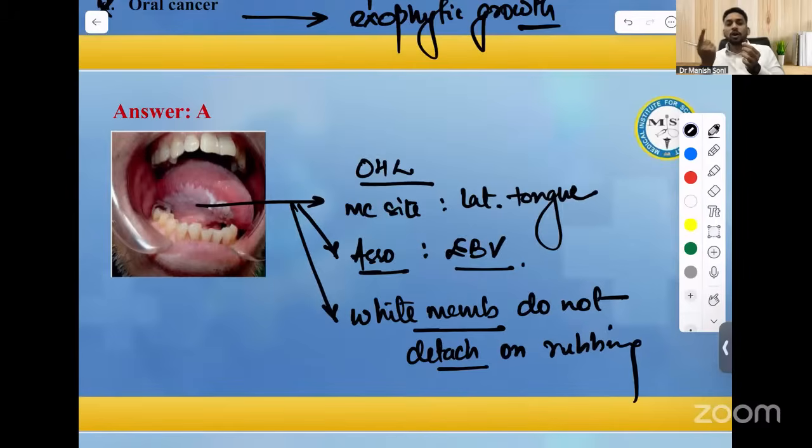So if you take a gauze piece and rub the white membrane of candidiasis, it gets detached. But leukoplakia does not get detached. So these are some important clues which point towards oral hairy leukoplakia. Remember, it is commonly seen over the lateral part of the tongue as shown in the image. It is associated with Epstein-Barr virus. Here white membrane is seen, but that white membrane does not get detached on rubbing, but candidiasis can get detached on rubbing.